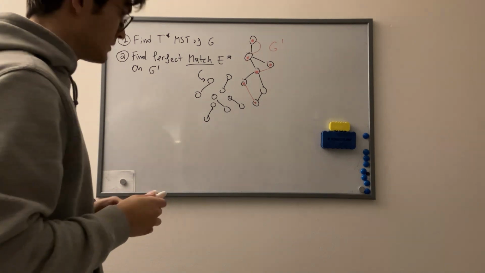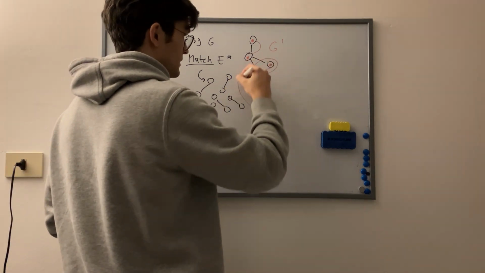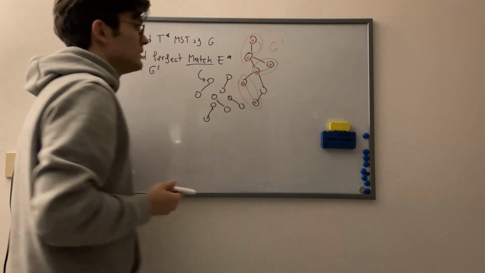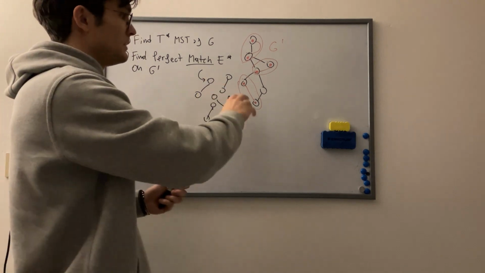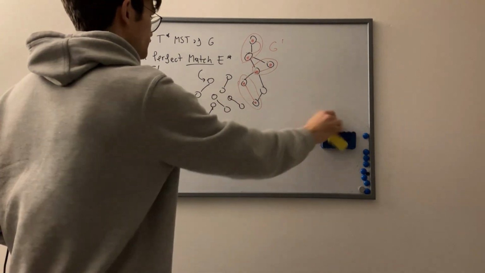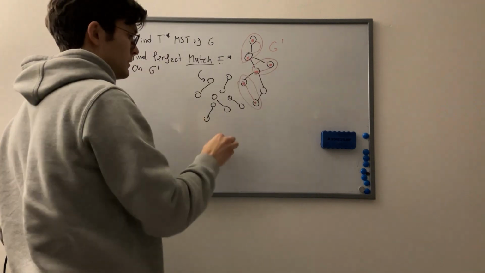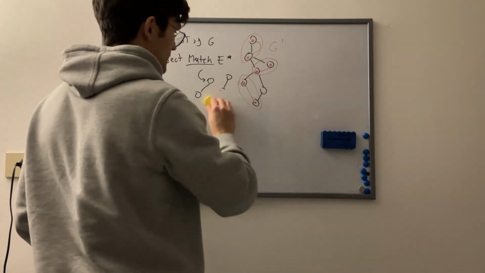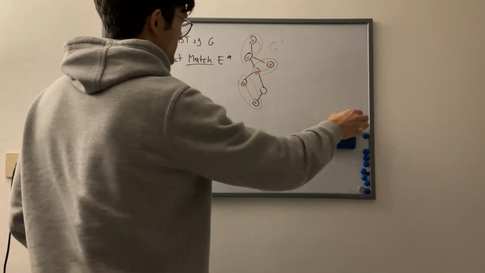In this case, as you can see, this is a perfect match because this is a set of edges that covers all of the nodes of our graph and the edges are non-overlapping. So I will erase this part here, hoping that you understood what a match is.